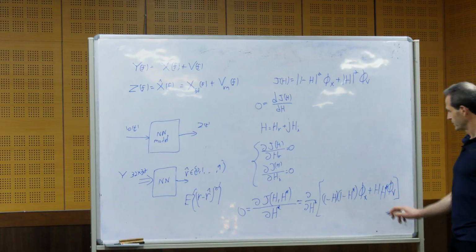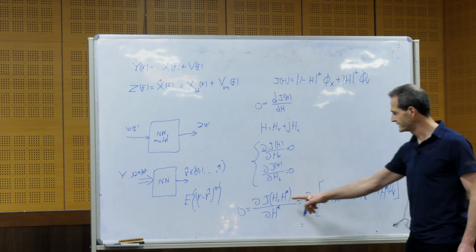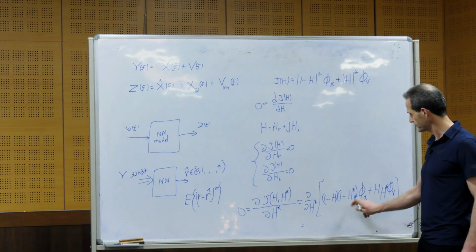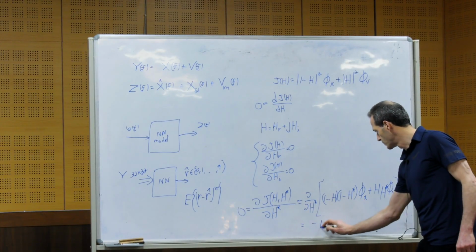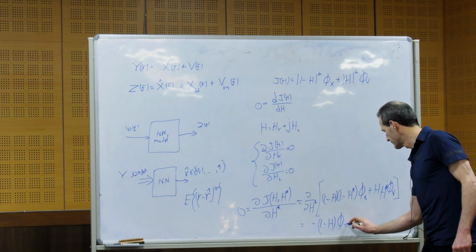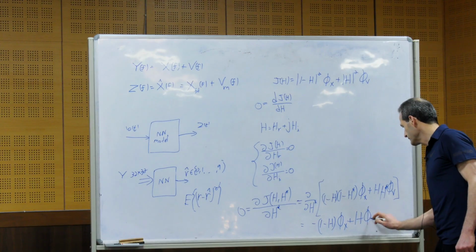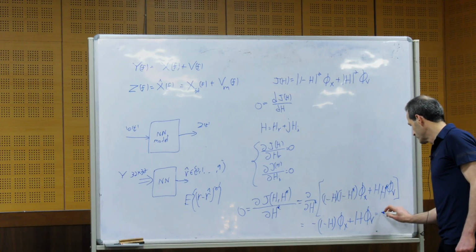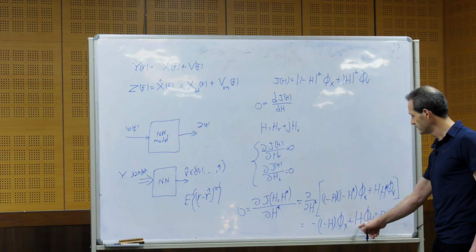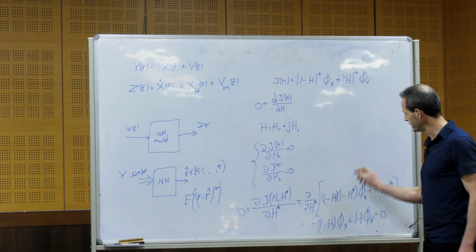Okay? So I assume that h and h complex conjugate are independent. So I have minus 1 minus h phi x plus h phi v equal to 0, okay? So from here, I get what h is.